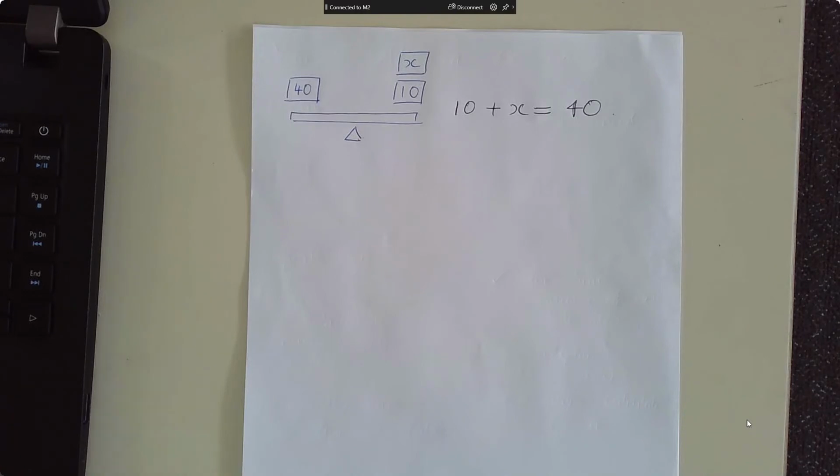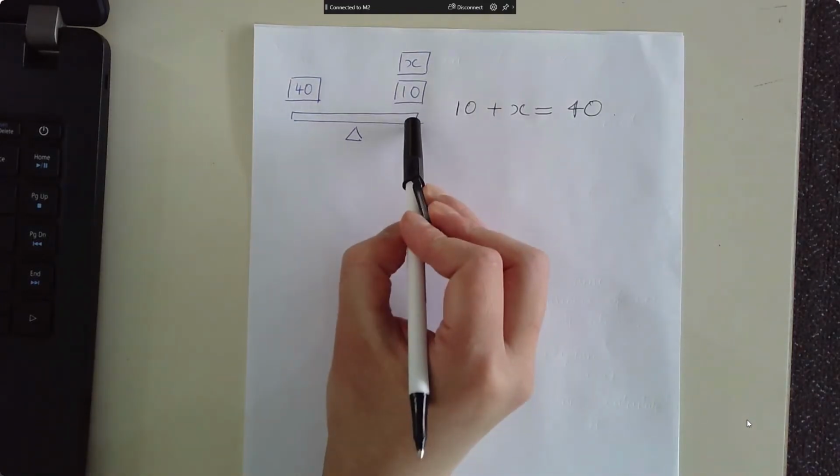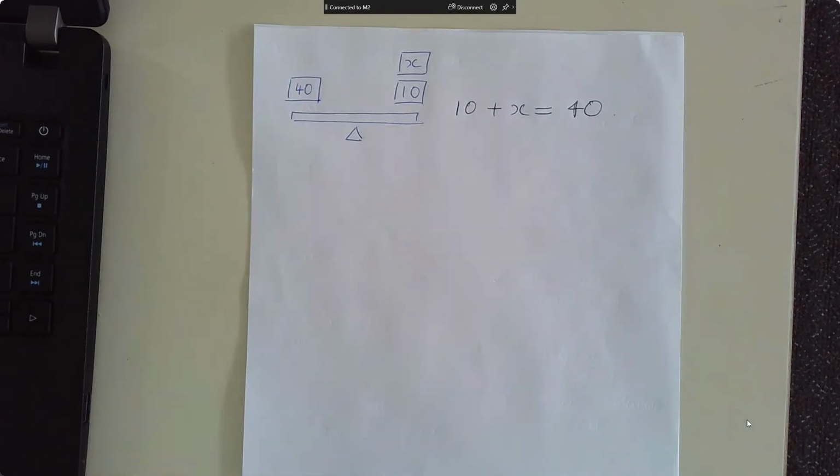Why have we chosen to add rather than minus or times or divide? Easiest way to get to 40. Think about it this way. What's the total weight on this side? 40. When you do total, what does that imply? When you find a total, what do you do? When you find a total, you add. Okay? That's why.